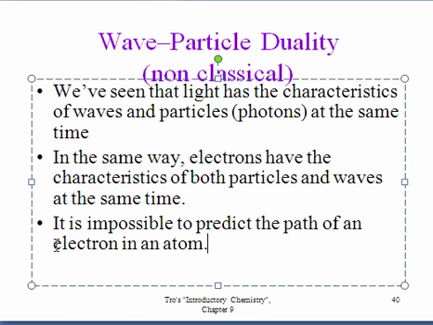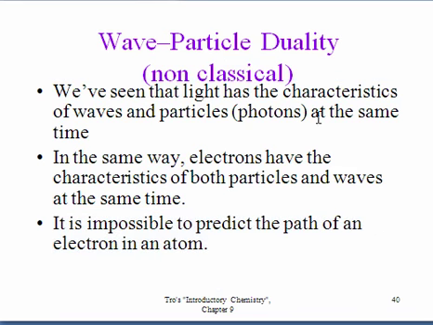Another important factor about the physics of an electron is that it is impossible to predict the path of an electron in an atom. Again, we can predict a probability, but we can't exactly know where it is or where it's going at any given time. All these factors make the electron very, very different from the matter that we deal with in our everyday life, such as a pen or a baseball.